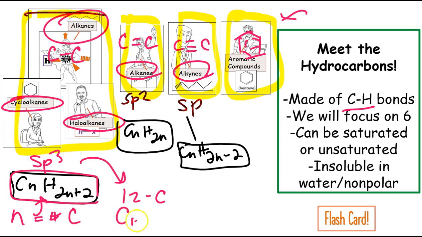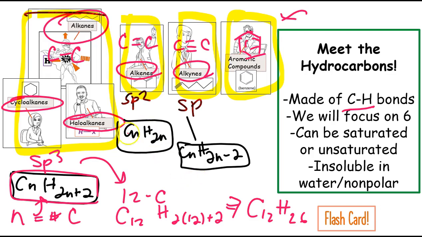So I have C12H, 2 times 12 plus 2, which is going to give me C12H26. So that means with 12 carbons in a hydrocarbon that is sp3 or all single bonds, or you can also say an alkane, you can actually have up to 26 hydrogens.